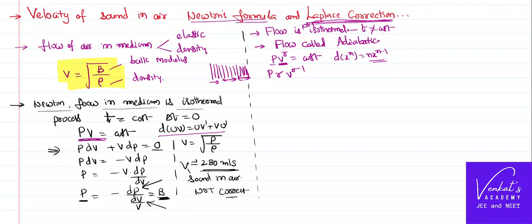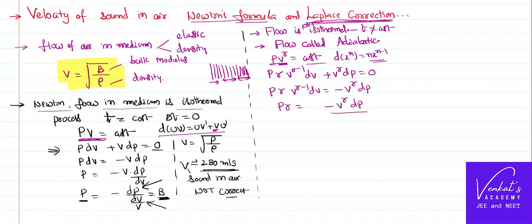We are differentiating with respect to V, so I will write dV plus V power gamma, into differentiation of P, equal to differentiation of a constant equal to 0. So if I rearrange the terms, P gamma V power gamma minus 1 dV equal to minus V power gamma dP.